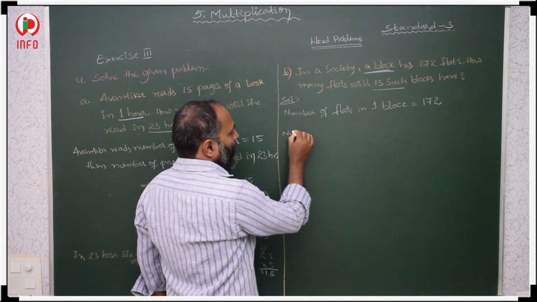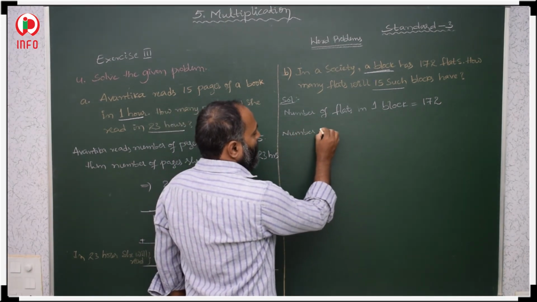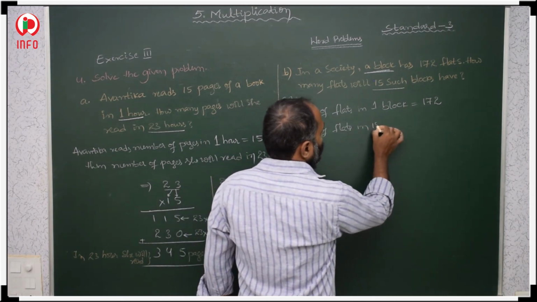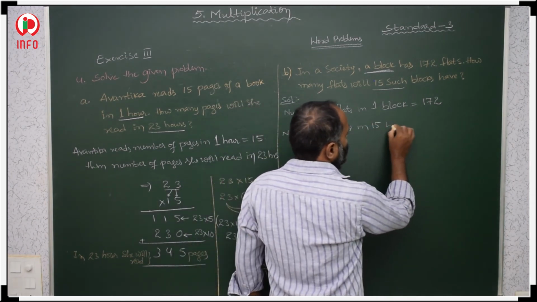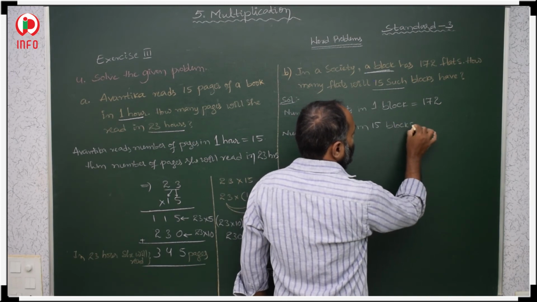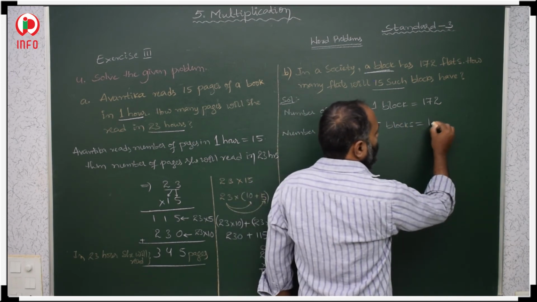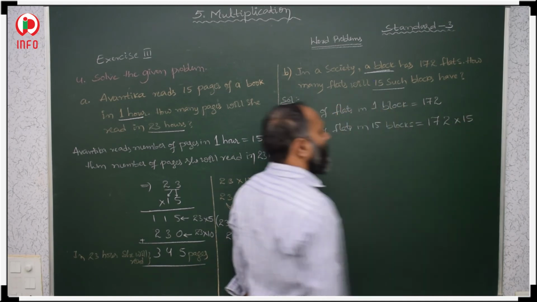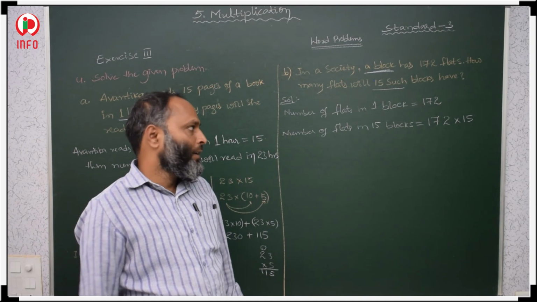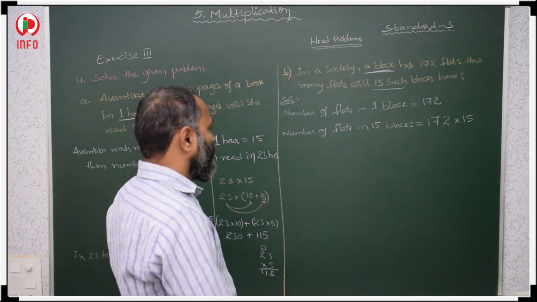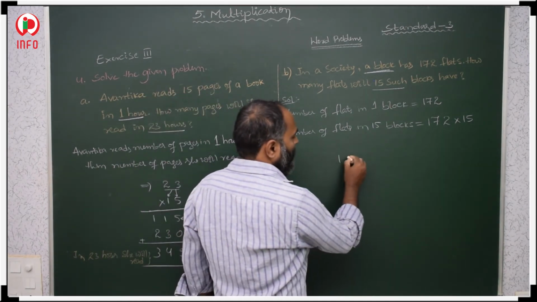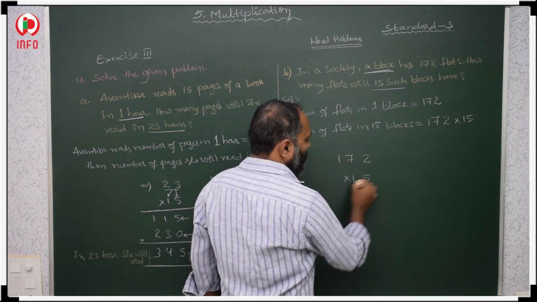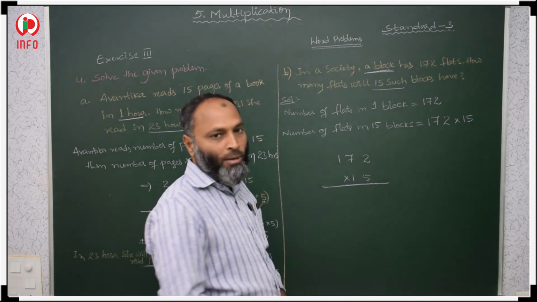Number of flats in 15 blocks is equal to 172 with 15. So now, how to multiply 172 with 15?